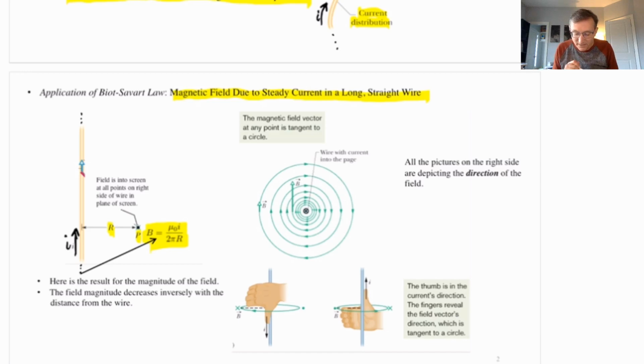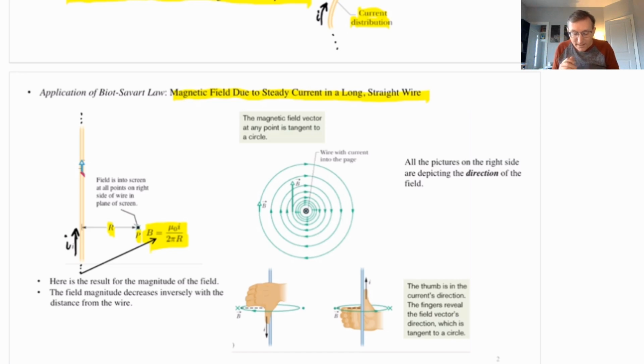Because the formula is B equals mu zero, that constant, the permeability constant, times I, over 2 times pi times that distance, big R. Okay? Note that big R downstairs is R, not R squared. And so the magnetic field gets weaker inversely with the distance. As you get farther away, the field gets weaker.